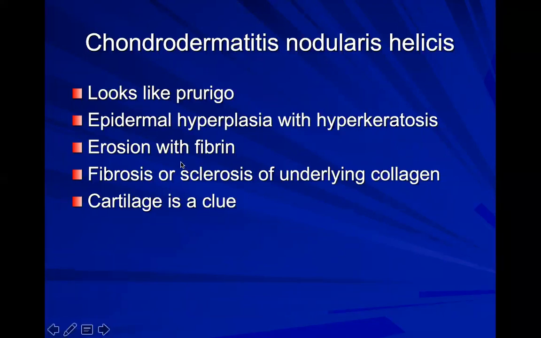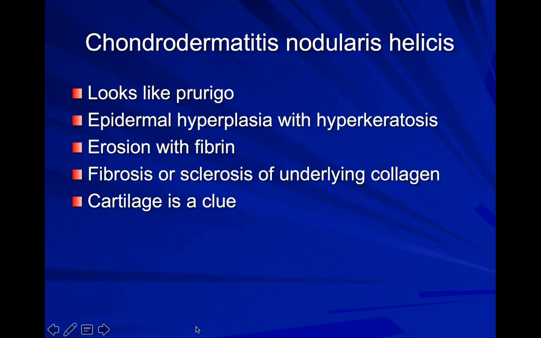So erosion with fibrin. Looks like prurigo because it is essentially prurigo, right? Chronic pressure creates this eroded prurigo-like lesion, and then the fibrin is there to plug the damage, and then you'll have fibrosis or sclerosis of the underlying collagen because of the reparative process.